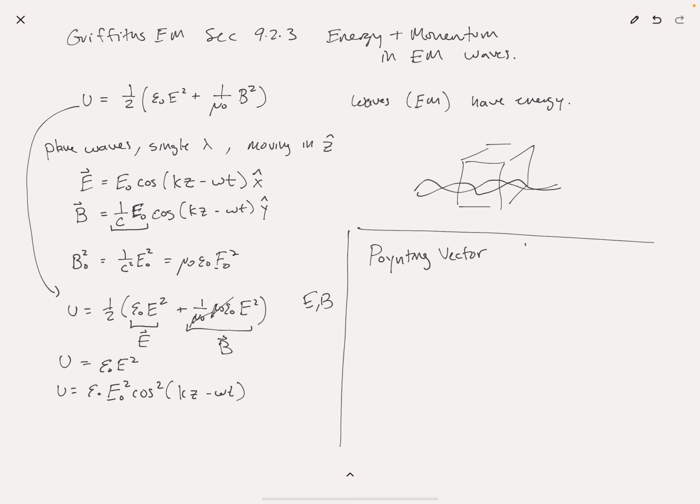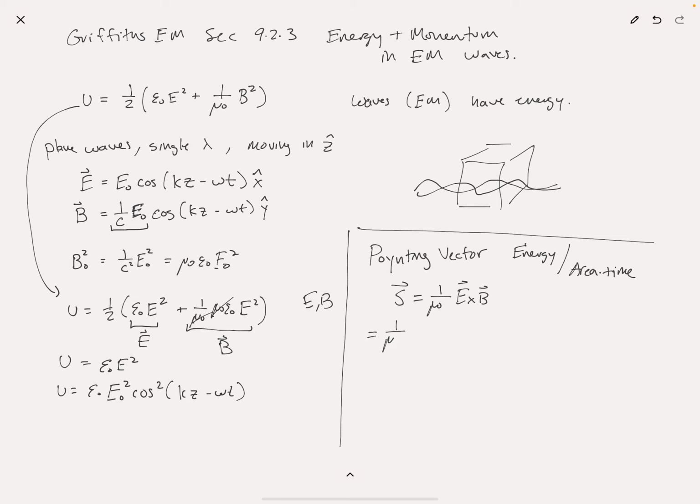The Poynting vector is the energy that goes through an area in a given time. Okay. This is defined as S equals 1 over mu naught E cross B.